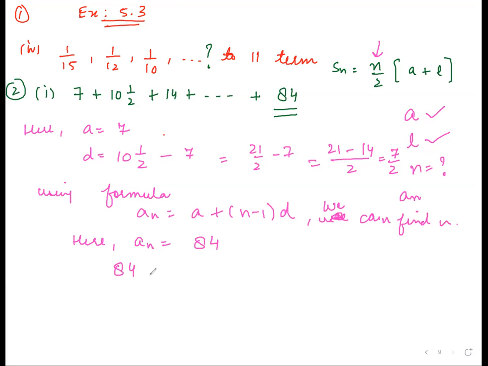So 84 is equal to a plus (n minus 1) into d. Put the value of a and d also. So 84 is equal to 7 plus (n minus 1) into 7 by 2. So Rida, please solve it and tell me how much is n. I'm just taking a break of 2 minutes. Please solve it.